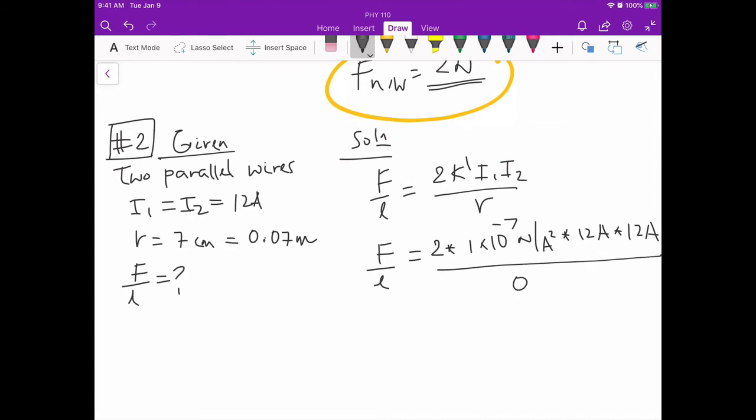You need to convert your distance to SI units to get a proper answer. The amperes cancel out with the amperes. Then you'll have force per length. You simplify that and most likely get 4.1 times 10 to the power of minus 4 Newton per meter.